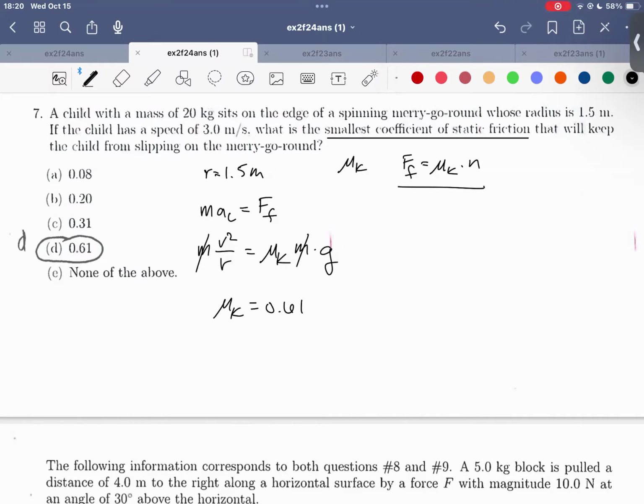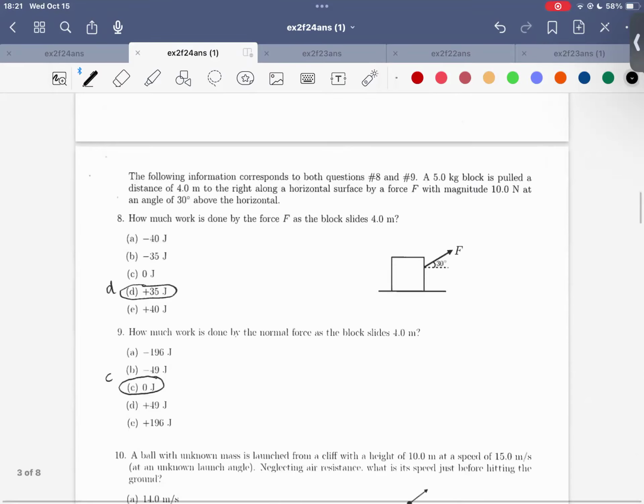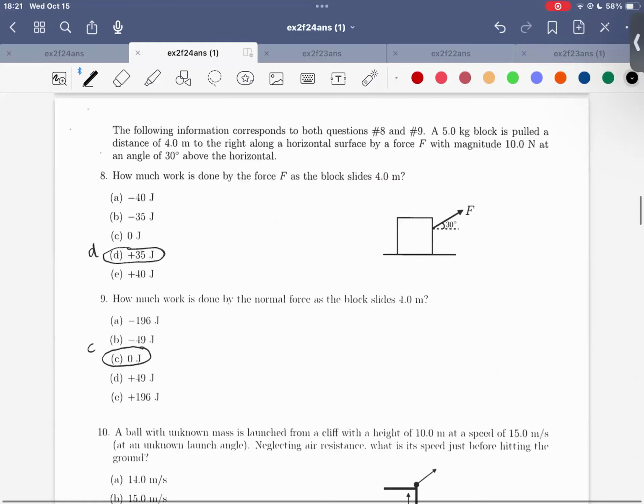Because we plugged in for velocity squared, we said 3.0 meters per second squared over our radius, 1.5 meters times our gravity, and then that gives us our answer. So that's number 7.